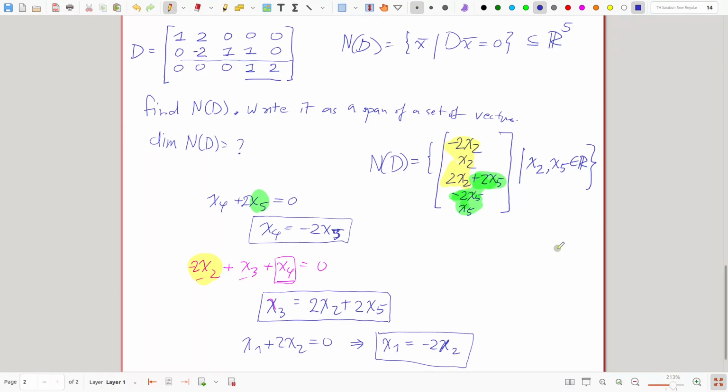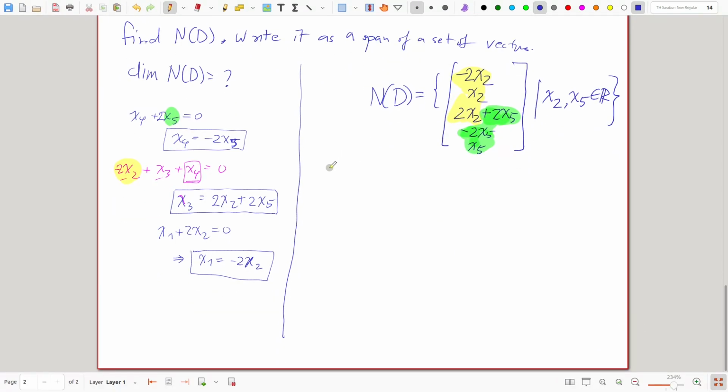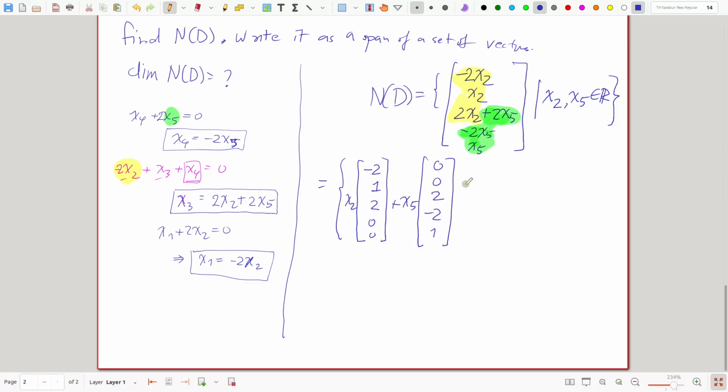Let me do it in 2 steps. Let me try to rewrite this as this. So this is basically this set: x2 times (minus 2, 1, 2, 0, 0) plus x5 times (0, 0, 2, minus 2, 1), given x2, x5.